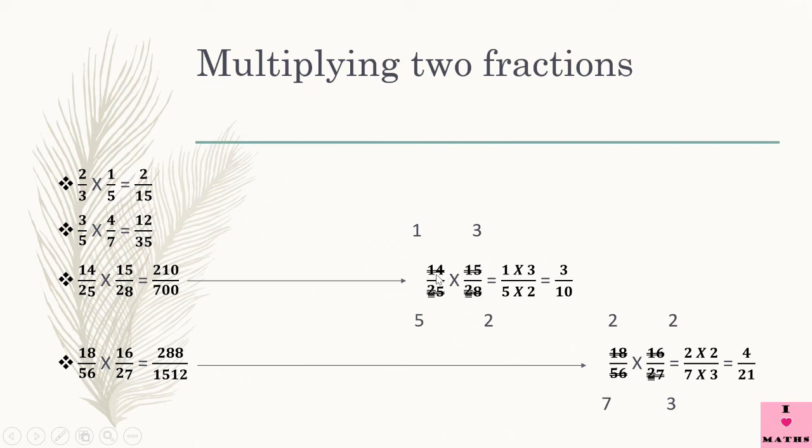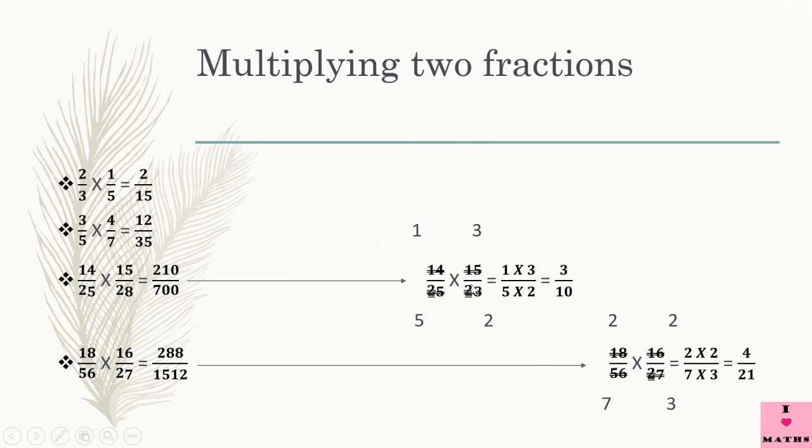Okay, now 14 and 28 come in the table of 14. So we will divide 14 by 14. 14 ones are 14 and 14 twos are 28. So children, here we got 1 and here we got 2. Same way, 15 and 25 come in the table of 5.